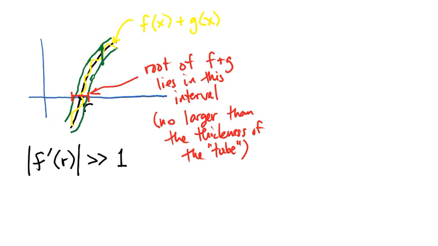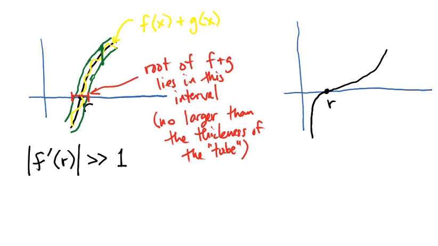On the other hand, now the opposite situation, where f prime is fairly close to 0. Here, f prime is much closer to 0 at the root.